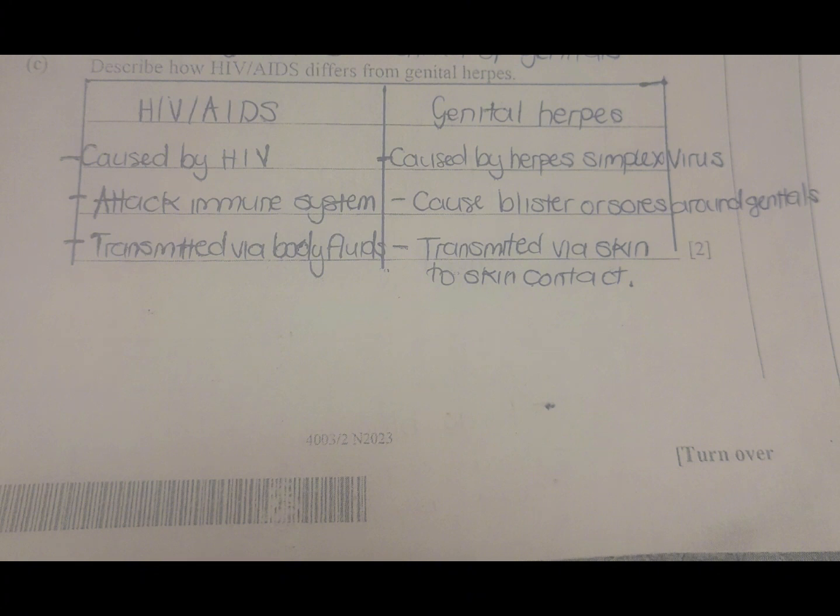HIV attacks the immune system, whilst genital herpes is going to cause blister sores around the genital. HIV is transmitted via body fluids, whilst genital herpes is transmitted via the skin.